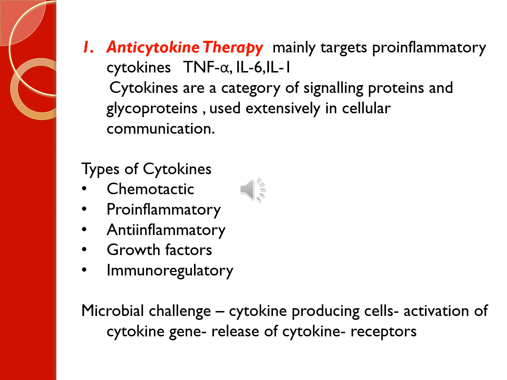The cytokine is released and goes and attaches to its receptor on a particular cell, giving a command for the action of that type of cell. So it is mainly cellular communication; cytokines act as signaling proteins.